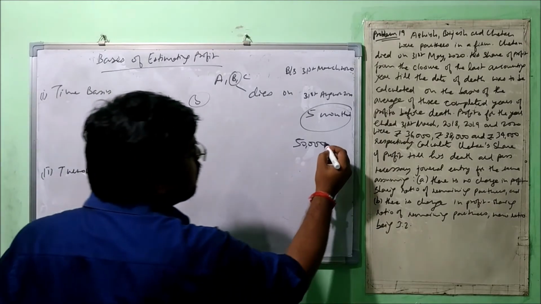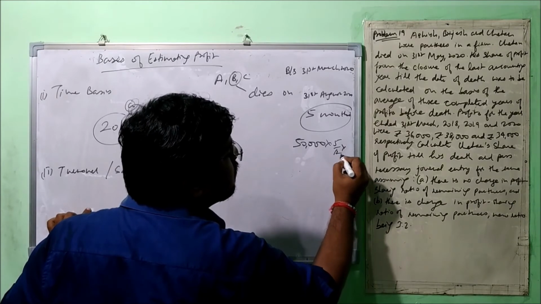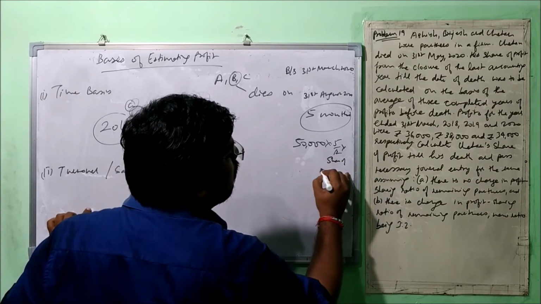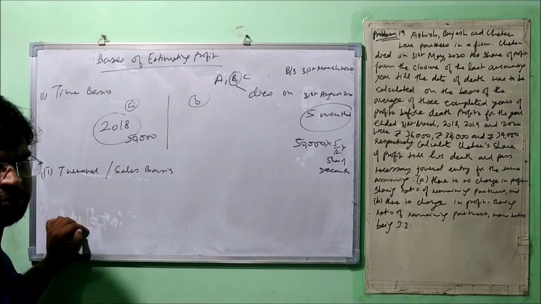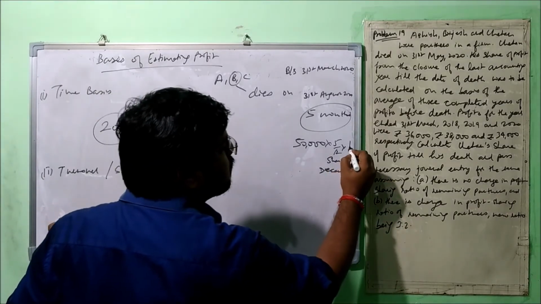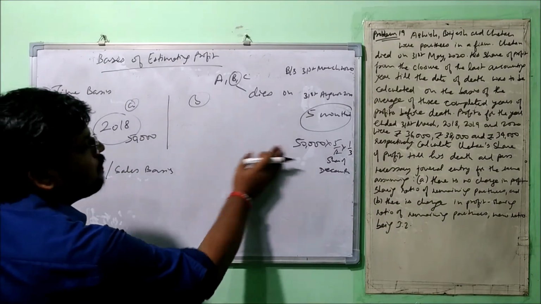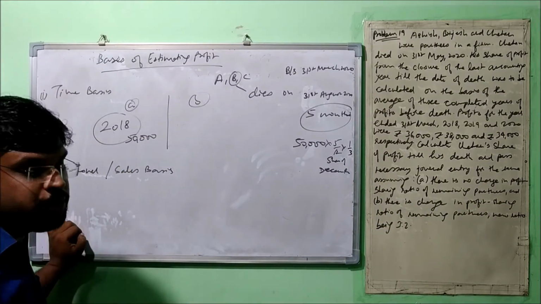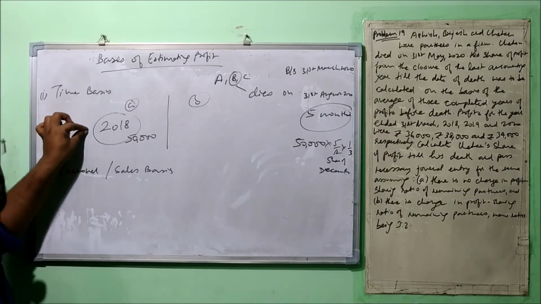Now we will calculate 5 months' profit and then we will calculate the share of the deceased partner, whatever share he was getting. Say he was getting 1 by 3. So whatever amount comes out will be known as the deceased partner's share of profit. Understood the point? So one option is this.